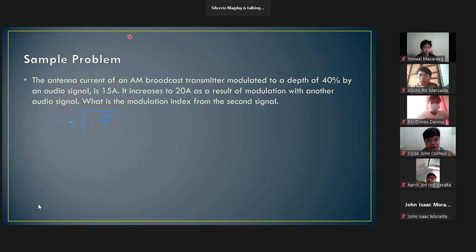Kailangan natin i-compute si IC. Si IT doon sa umpisa is 15. Given na tayo nung M, which is 0.4. So ano yung value ni IC? 14.43, sir. Okay? Saglit.